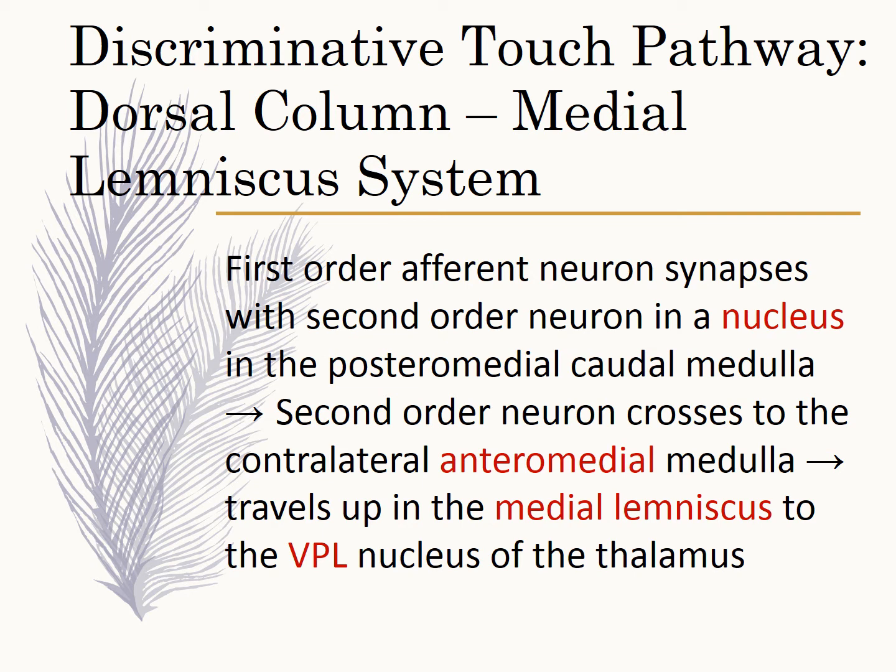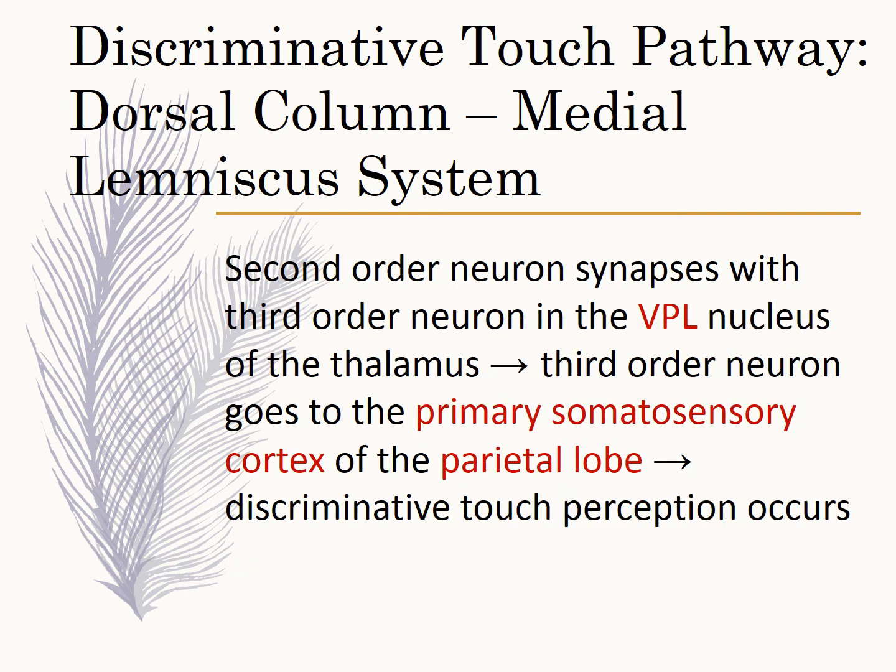The axon of the second order neuron will cross to the contralateral side of the medulla and enter the medial lemniscus, which is located on the anteromedial aspect of the medulla. Here it will take the medial lemniscus up to the ventral posterolateral nucleus of the thalamus. The second order neuron synapses with a third order neuron in the ventral posterolateral nucleus of the thalamus.